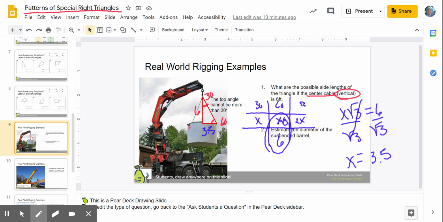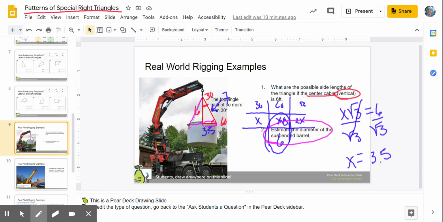So if I know the bottom of that is 3.5, what's the hypotenuse? 7. And then it says, it's probably too hard to read, estimate the diameter of the barrel. Is it times 3 or times 2?